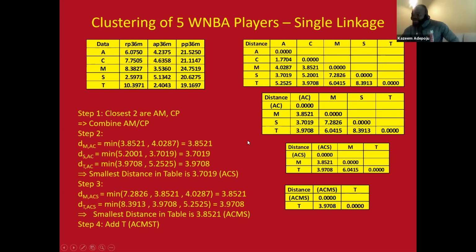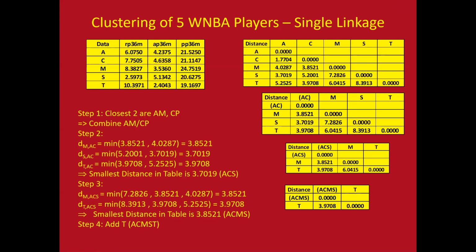Is there anyone who doesn't understand how I figure out this minimum? Professor? Okay. So what if instead of A and C, in another problem we combine A and, say, S, and then how would we do the rest of the column?